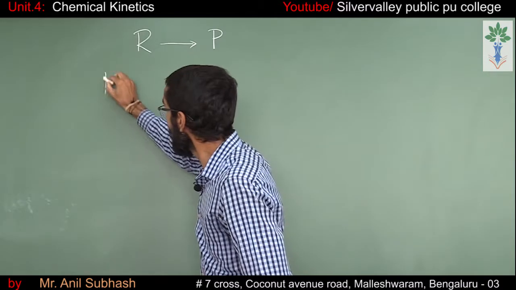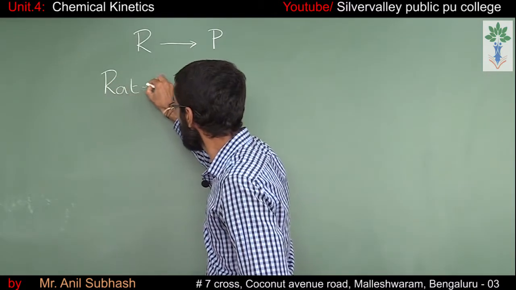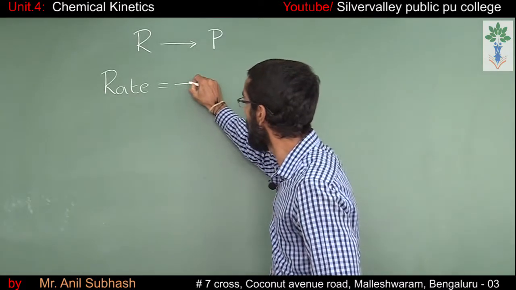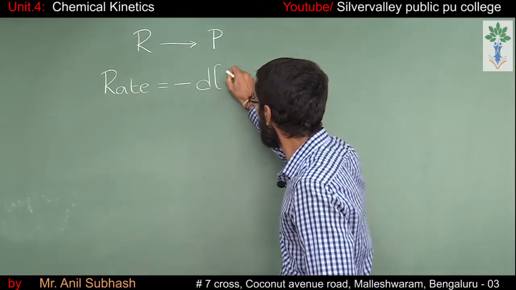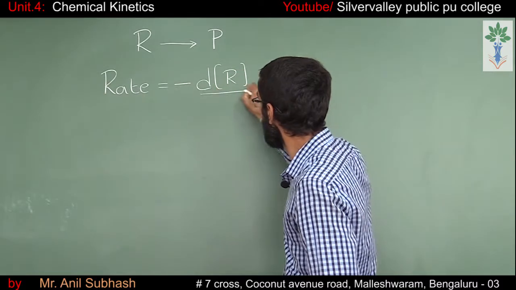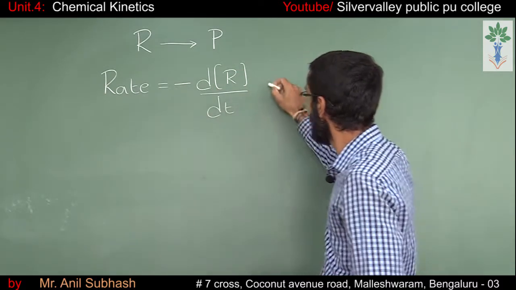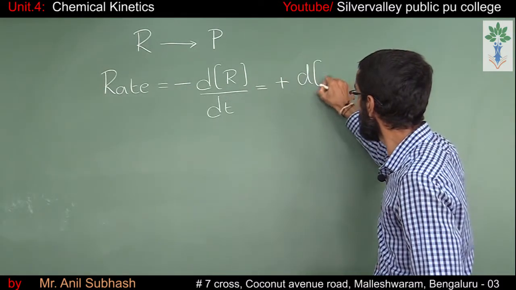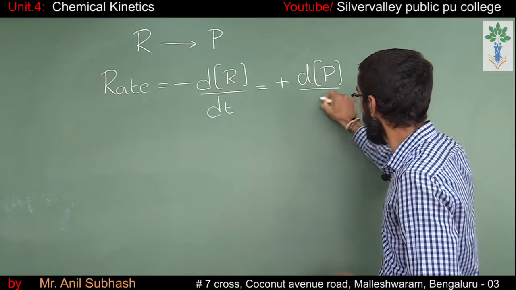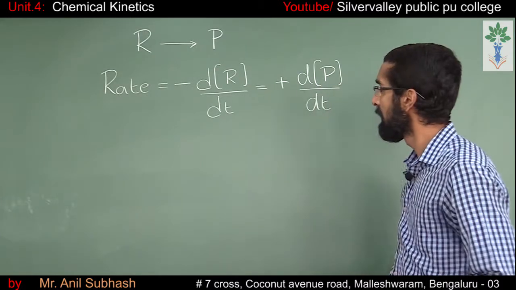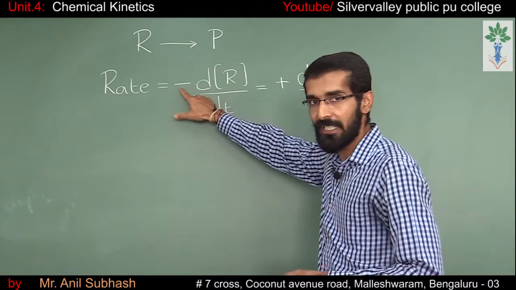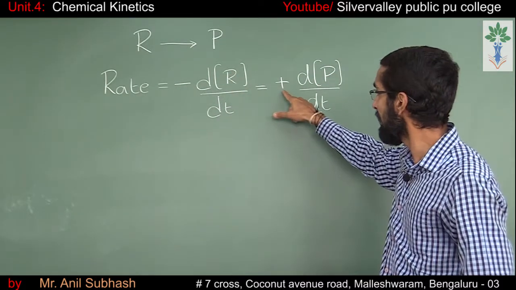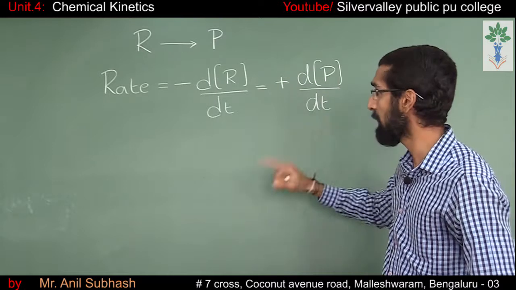The rate for this reaction can be written as rate is equal to minus dR by dt, that is equal to plus dP by dt, where minus indicates decrease in the concentration of reactant, plus indicates increase in the concentration of product.